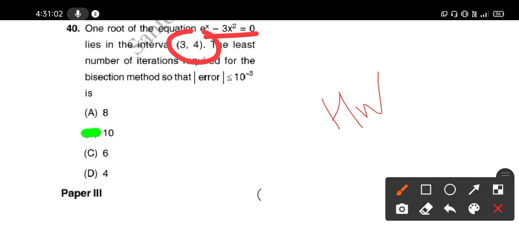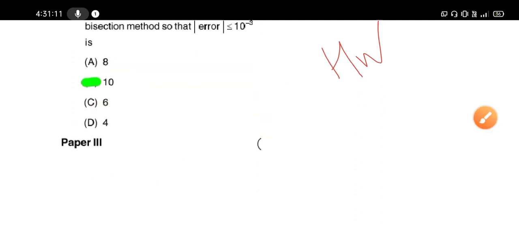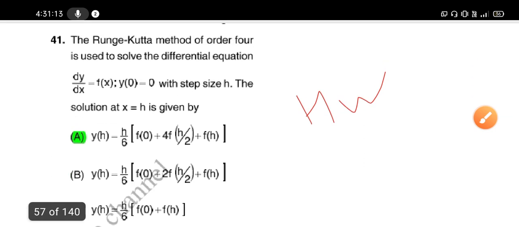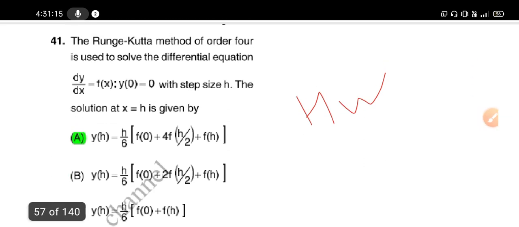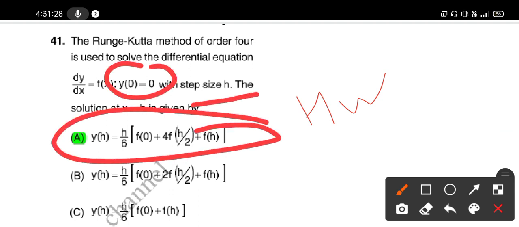The least number of iterations of the bisection method so that the error is less than or equal to 10 raised to minus 3. Option B is correct, 10. Next question, the Runge-Kutta method of order 4 is used to solve the differential equation dy/dx equal to f of x. Here the condition is given with step size h. Here option A is correct. You can check.